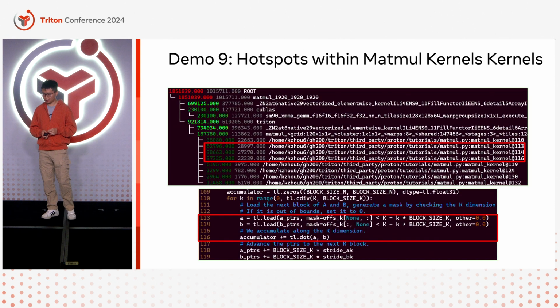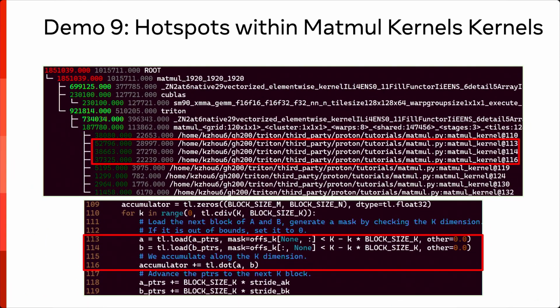So after applying PC sampling profiling and visualizing on the terminal, here's what we get. We can see that each Triton kernel has a few children. Those children are frames that go down into each source line of the Triton kernel, with its path, file name, function, and line number. We have observed that the hotspots are on lines 113 to 116.